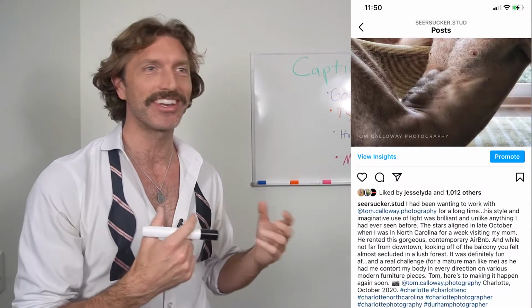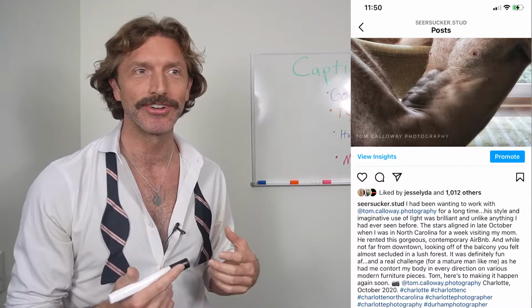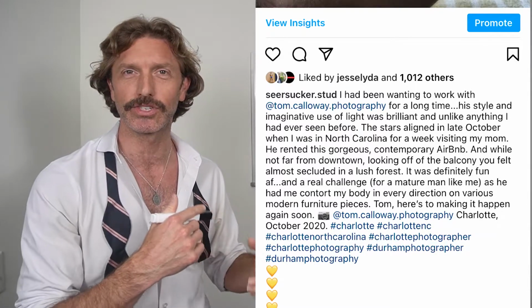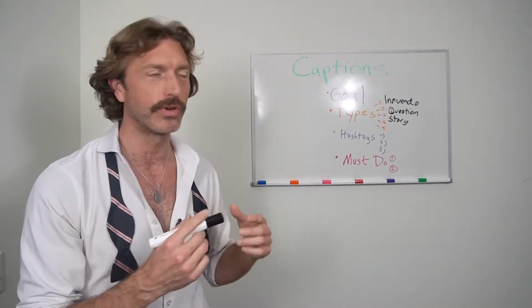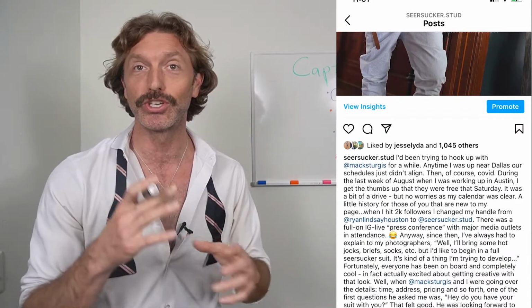Was something funny happening with the photographer? Did you trip? How did you get there that day? How did you meet the photographer? Tell a story about the reality of something going on that only you would know.